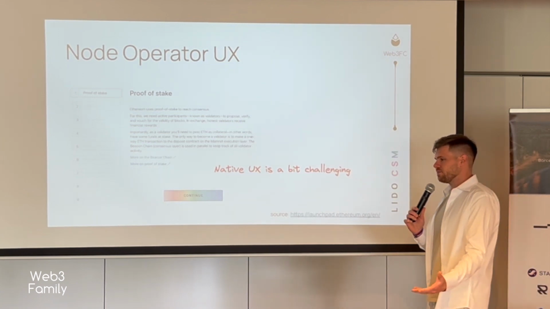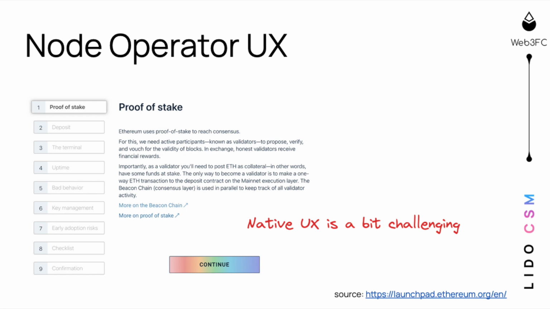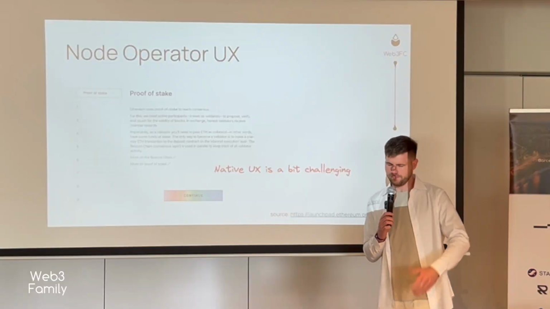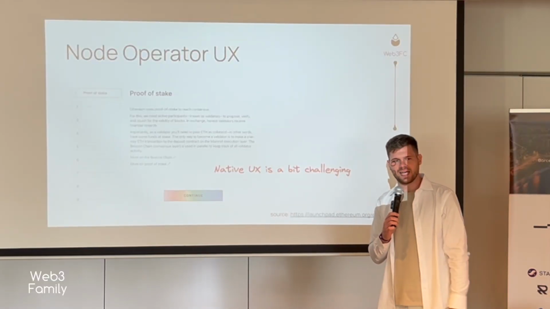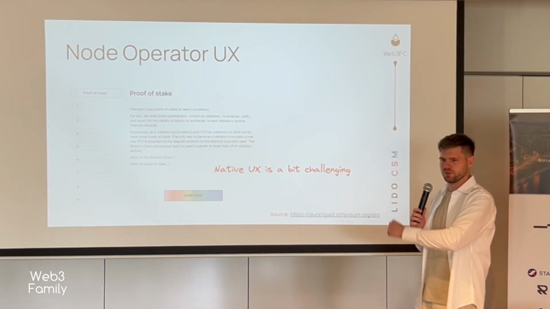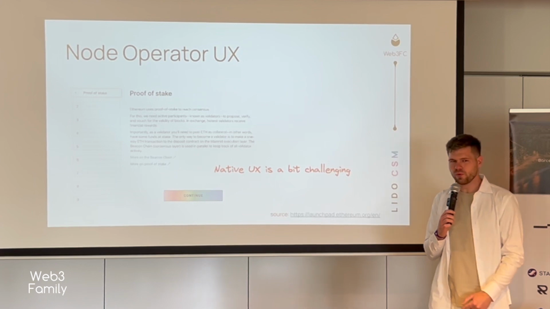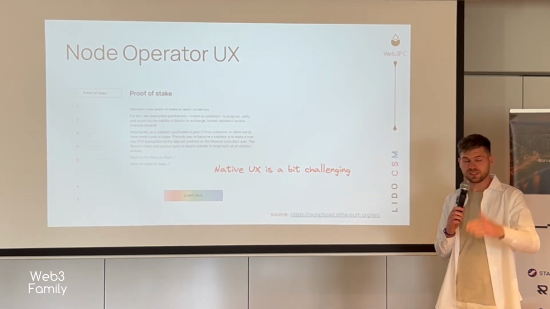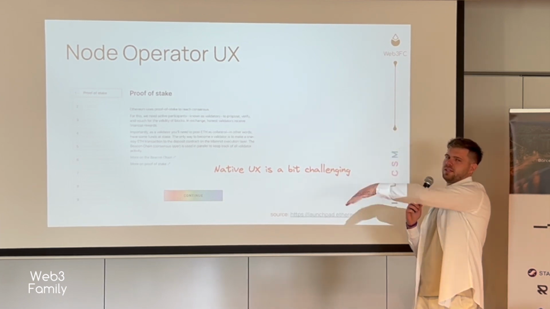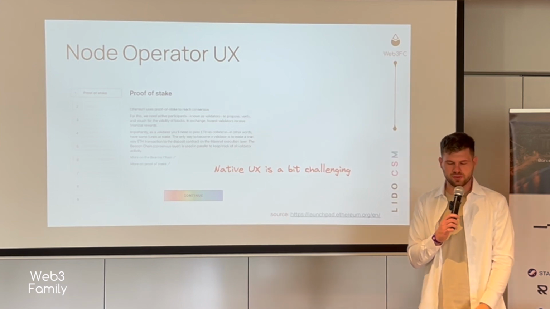And now, when we know all these 4 issues, okay, we've managed to find 32 ETH. Great. We can live with the fact that we will be penalized even for a small outage. We are okay with the fact that our rewards will look like this, so we can never predict them. And we are okay with the fact that there's no delegation.